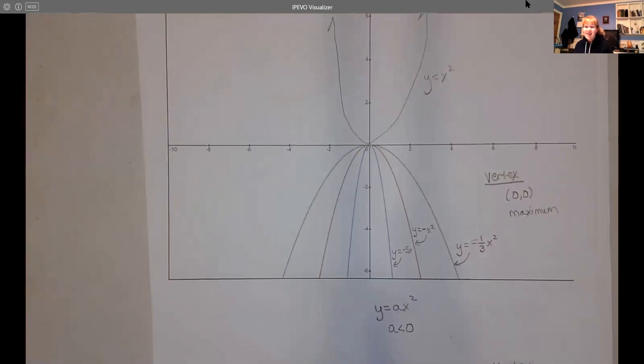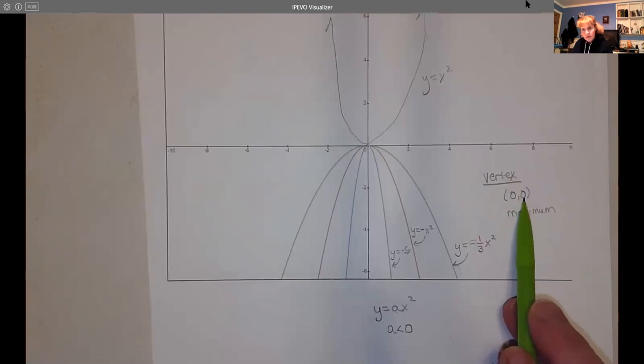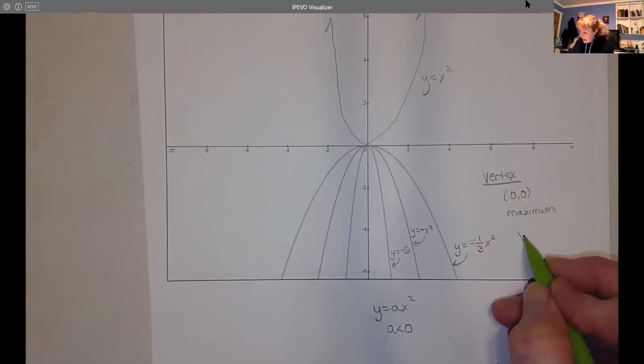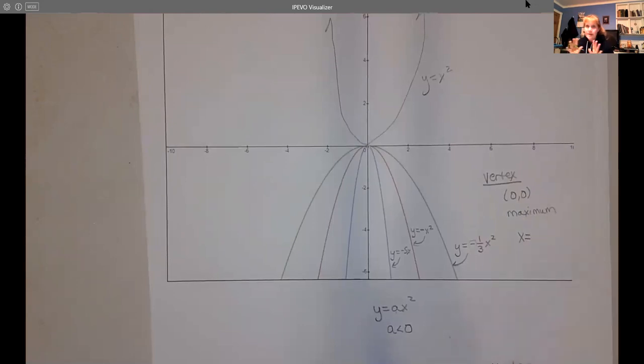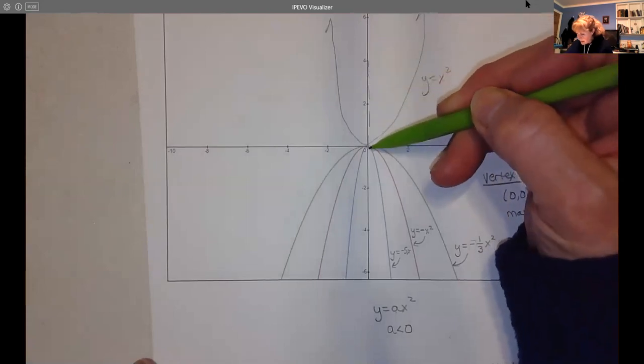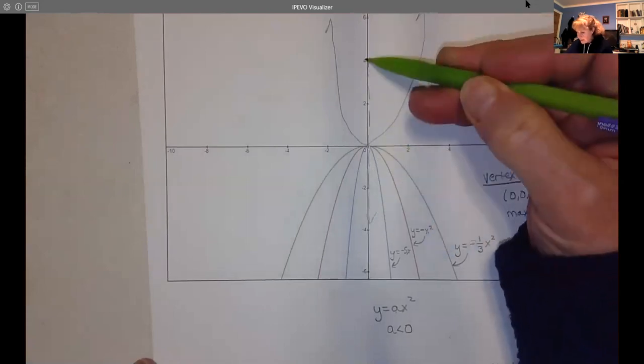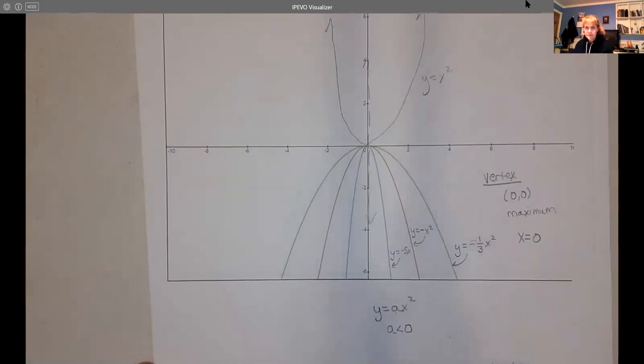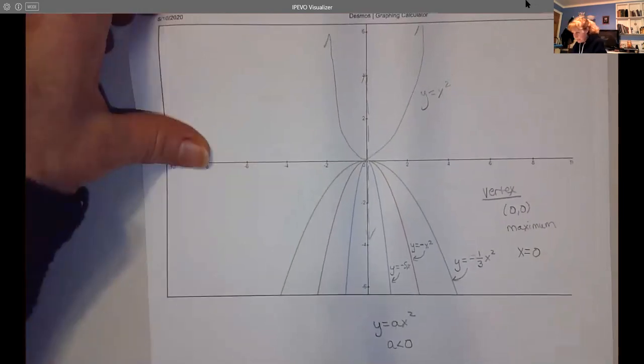So here we have a vertex at 0, 0, and that vertex is a maximum. The axis of symmetry is always x equals, with what we're doing. It cuts right through the vertex, so it's x equals 0. See, not so bad. All righty, great.